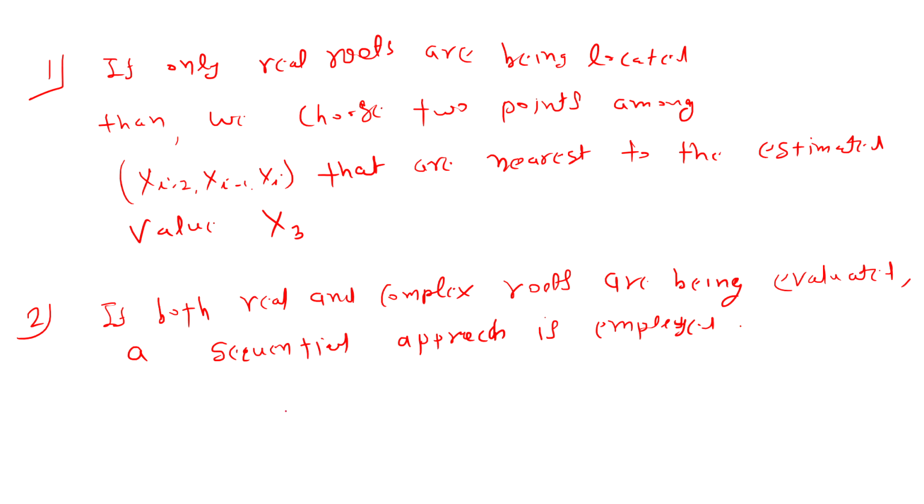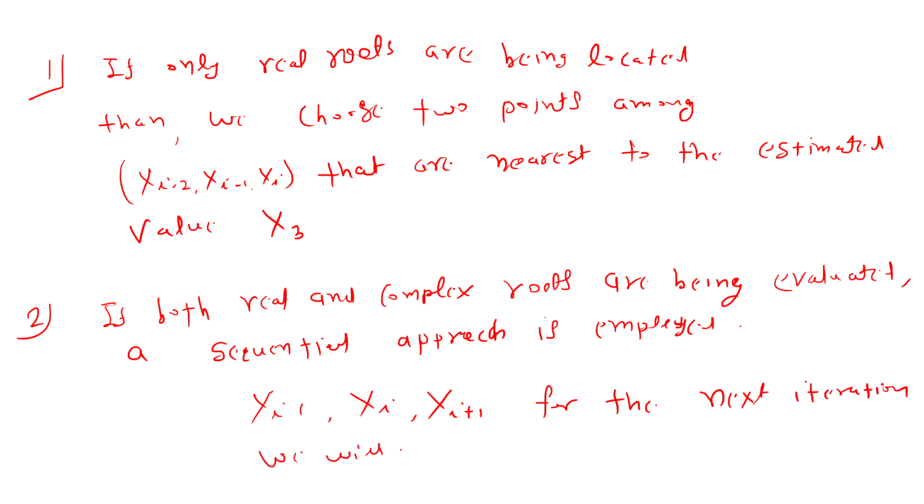So we will basically take xi minus 1, xi and xi plus 1 for the next iteration. We will degrade xi minus 2. So that's the idea.